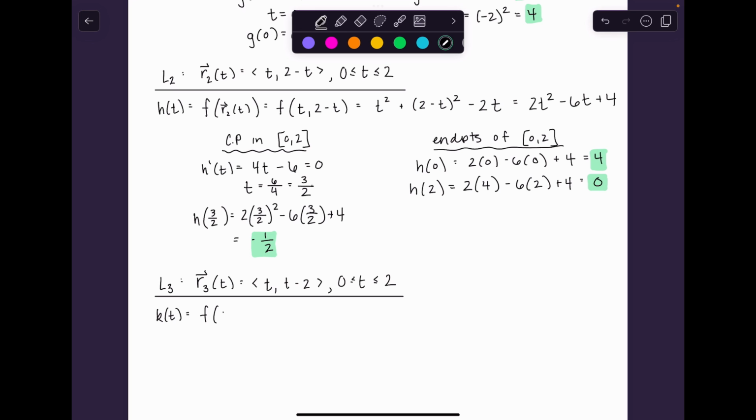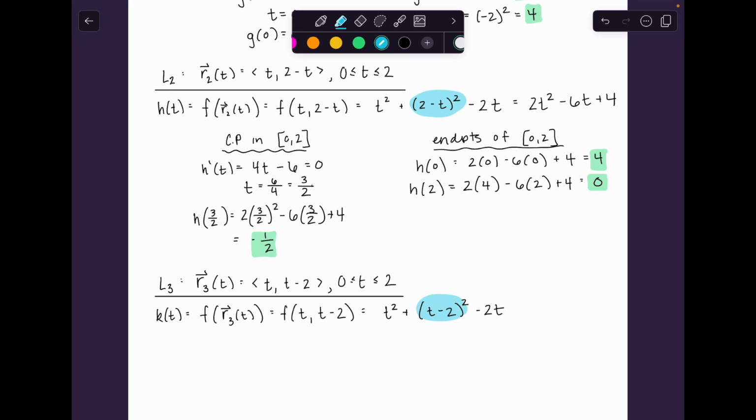This would be f evaluated at R3. So my x component gets replaced by t, my y component gets replaced by t minus 2. So this would be t squared plus t minus 2 squared minus 2t. And then realistically, if you go back up here, these are the same thing but opposite signs. So when you square it, it really ends up being the same expression. So this ultimately will equal the same single variable function.